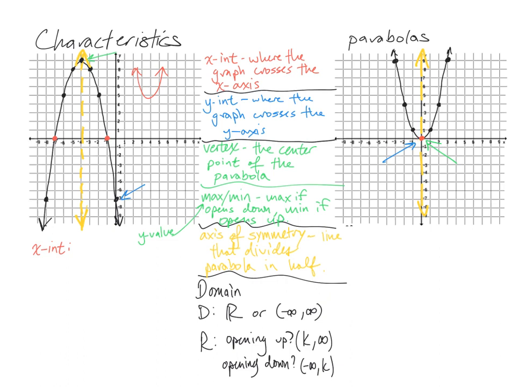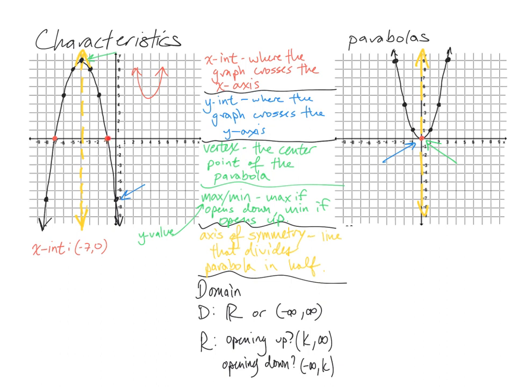So what I want to do now is just go through and label these really quickly here. The x-intercepts technically should be written out as ordered pairs. When we look at the x-intercepts on this graph, we can see that the graph crosses at the x value -7, which would give us an ordered pair of (-7, 0).